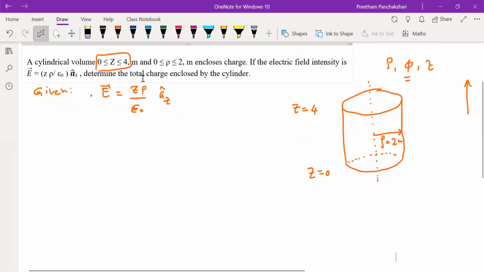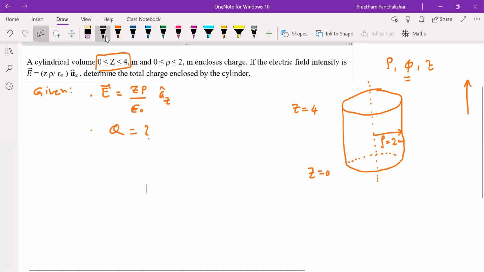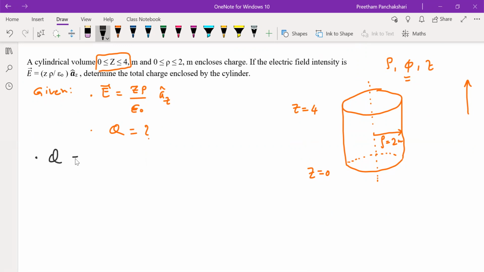What we have to find is the charge, the total charge. So we have two equations to find total charge. One is the closed surface integration of d, and another one is the triple integral of rho v.